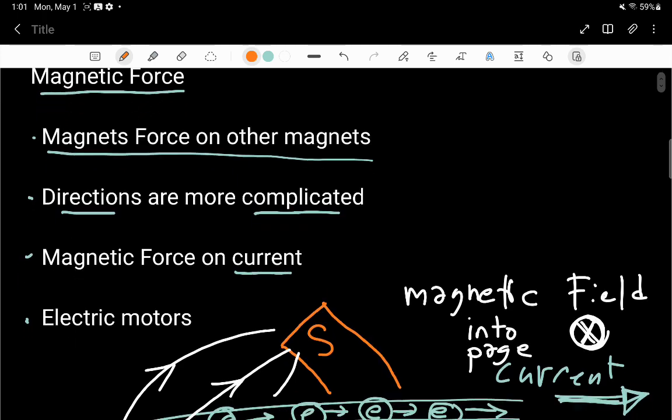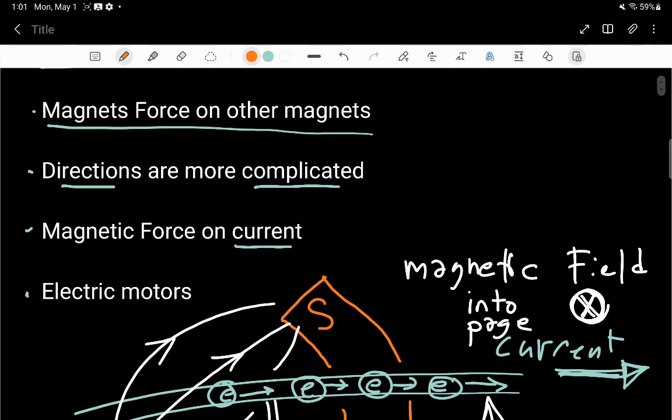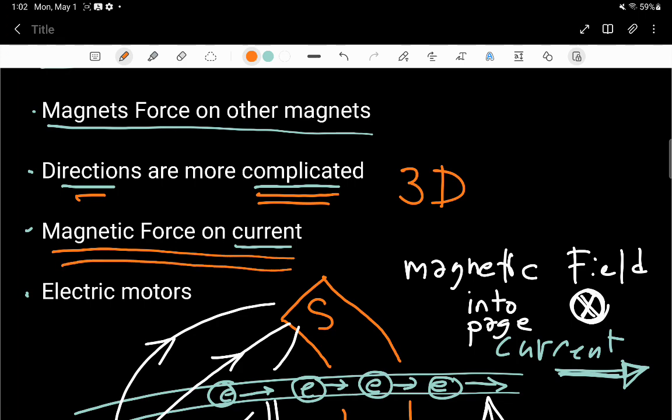So back up here, we just described the complicated issues, right? Because the directions require three dimensions of space to talk about this magnetism: left, right, up, down, and in and out. So that's what I mean by the magnetic force on a current.